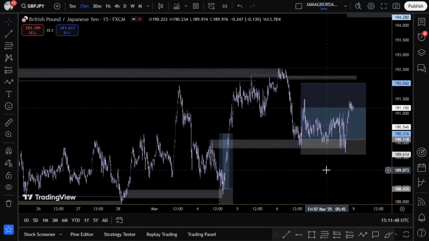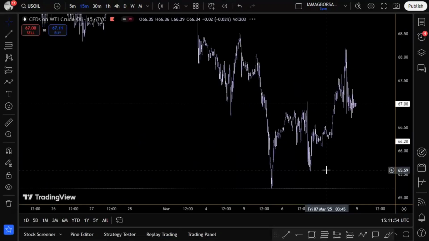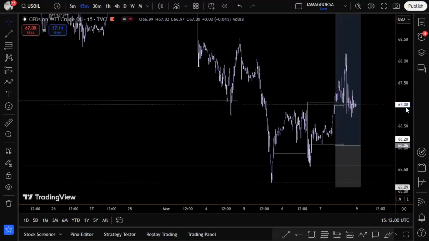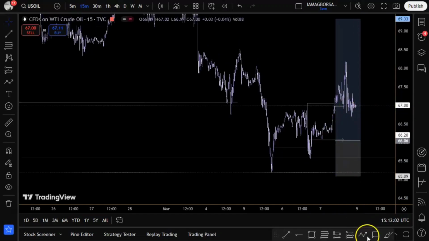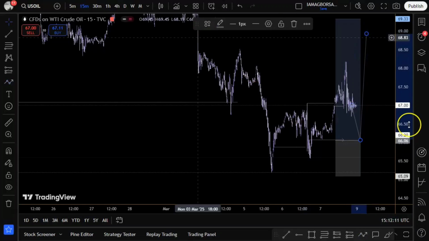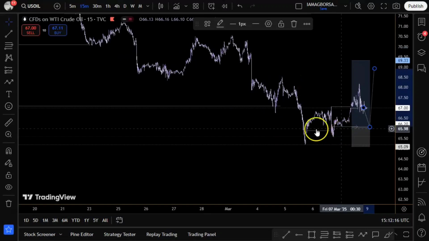So then for US oil, well, I've not been trading US oil for a while. I'm currently waiting for a setup because I'm seeing a bullish intent. So I'm actually expecting US oil to trade back down to this level, and we'll take a buy, taking out all these highs as liquidity, because I am seeing a bullish intent here.